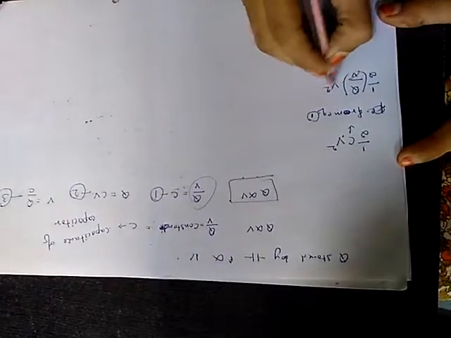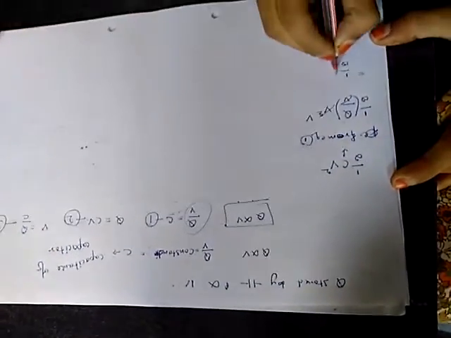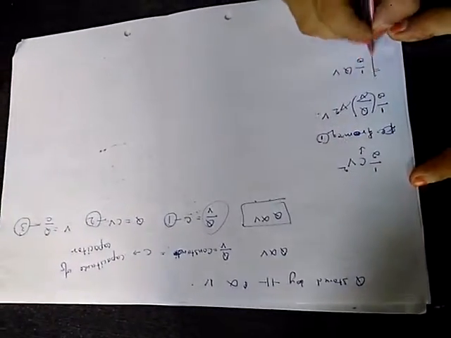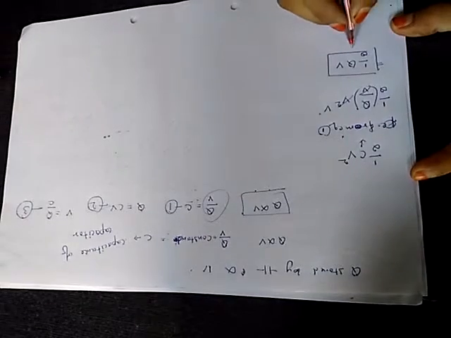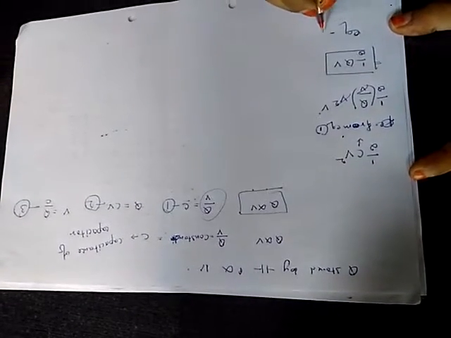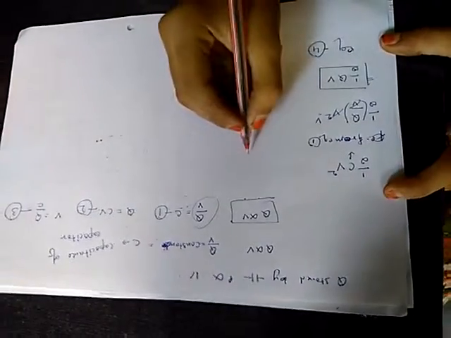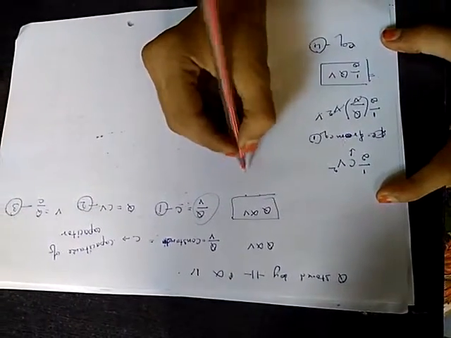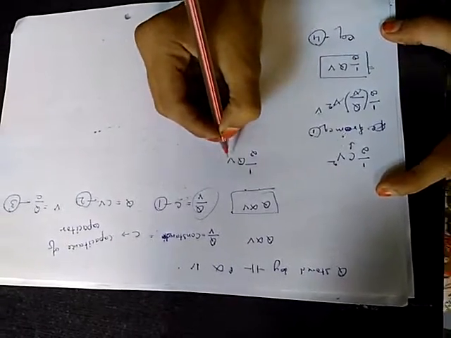Like this, that formula is 1 by 2 Q upon V. It's our first formula, equation fourth.